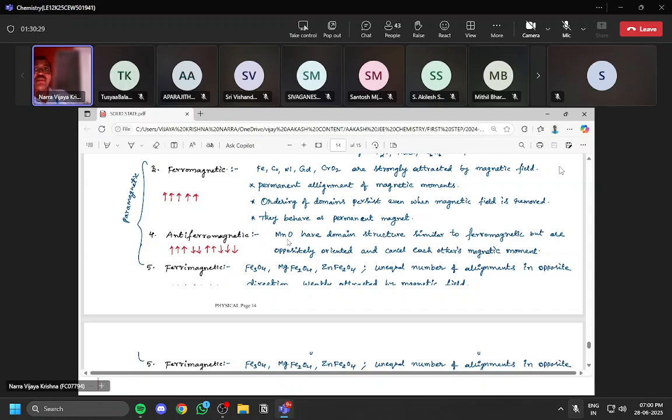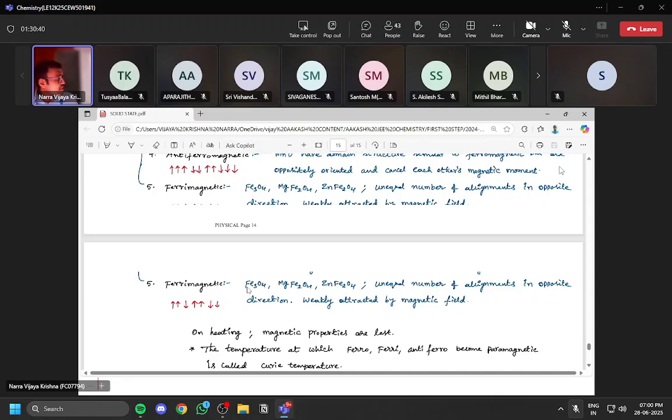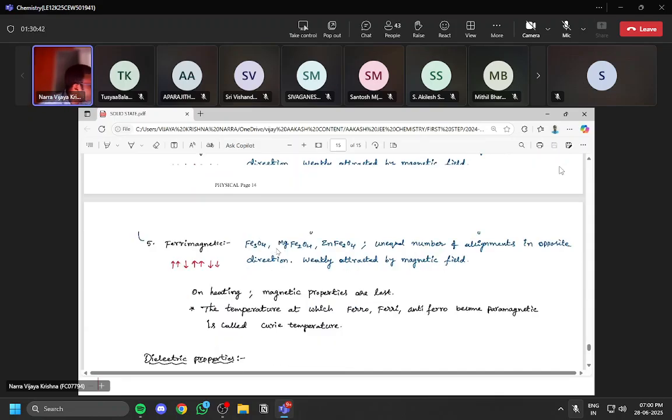Zero, which means it is similar to non-magnetic. Ferrimagnetic: net moment is not negligible. Examples: Fe3O4, MgFe2O4, ZnFe2O4. Unequal numbers of alignments in opposite directions, weakly attracted by a magnet, similar to paramagnetic.